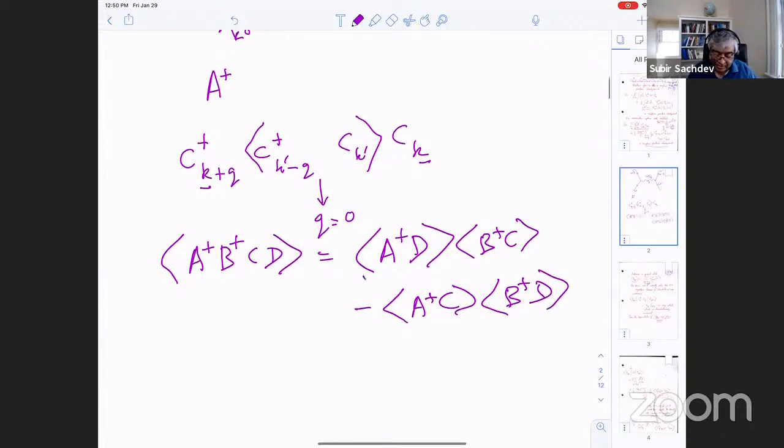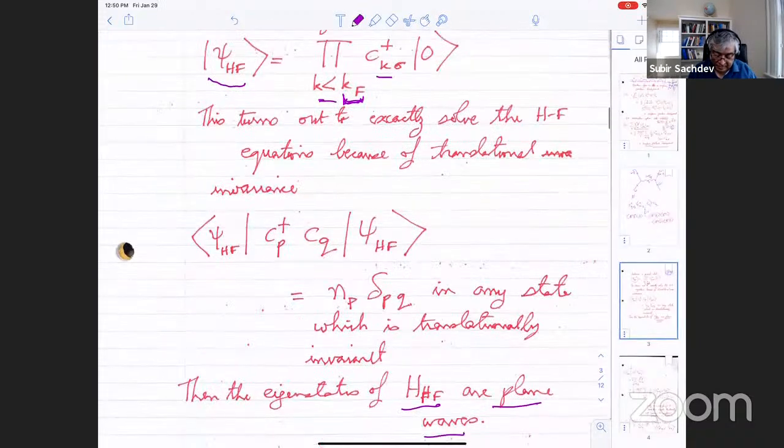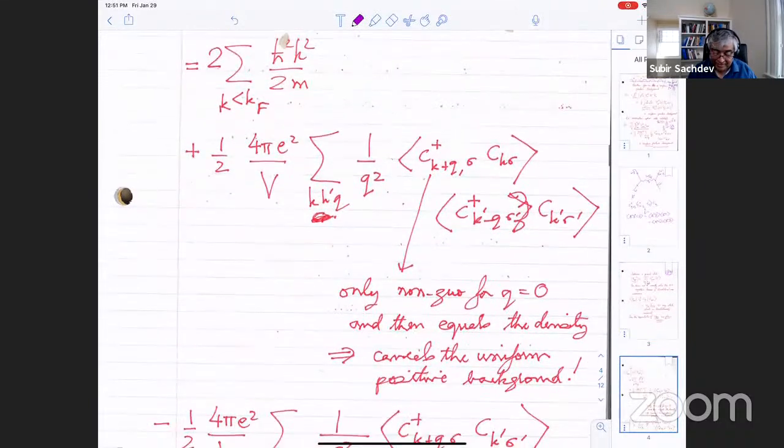So first, let's take the first term. So we just apply it. Okay. Well, so what happens? Well, you look at the expectation value of this term right here, and also this one, and this tells you right away that you have a problem.